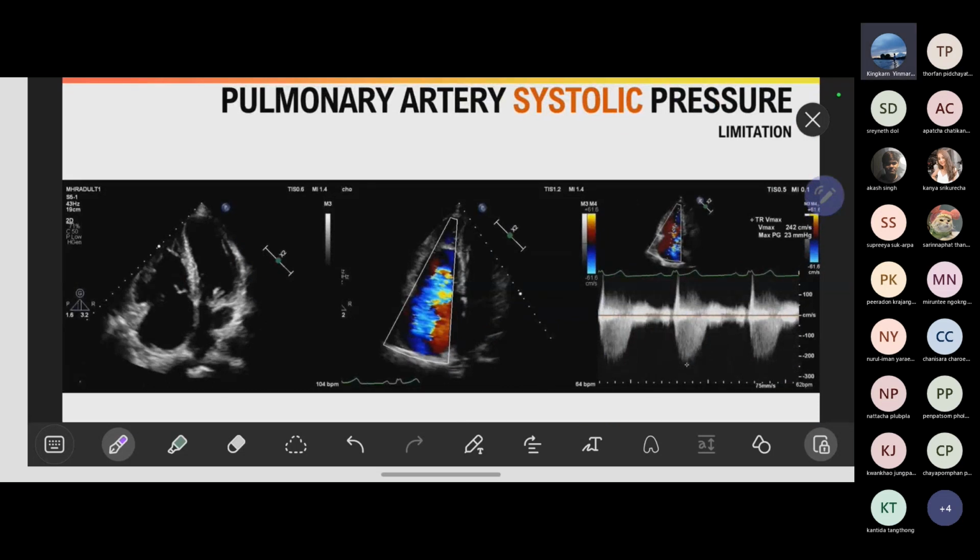This slide shows severe tricuspid regurgitation, because you see the tricuspid valve is non-coaptation. Non-coaptation of the tricuspid valve indicates severe TR.